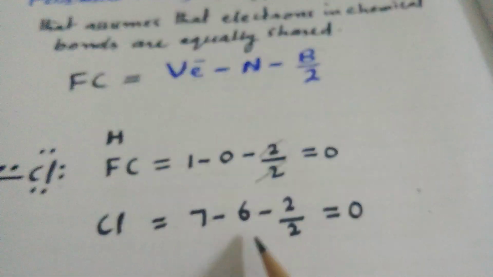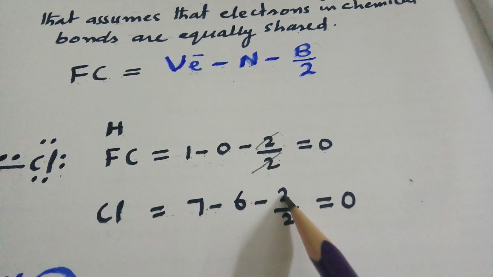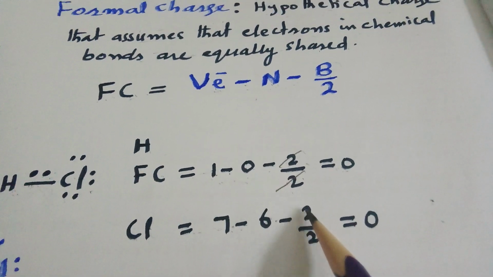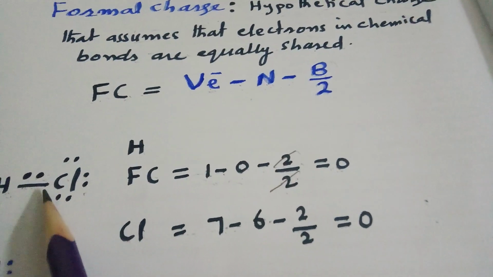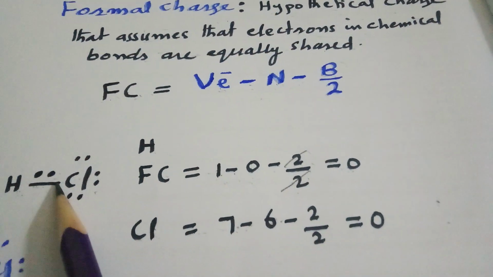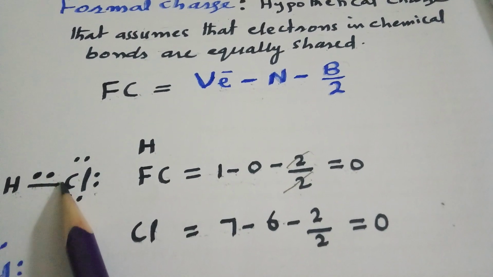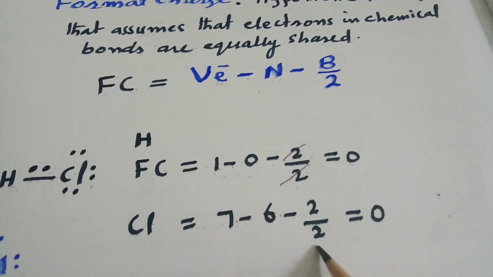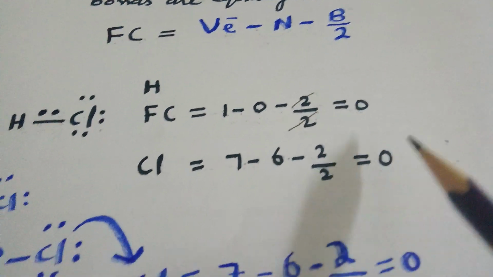So there is 6, and this is minus 2. Why 2? Because the chlorine and hydrogen have formed one single covalent bond. This single covalent bond contains 2 electrons, so this will be 2 divided by 2. So the answer will be 0.